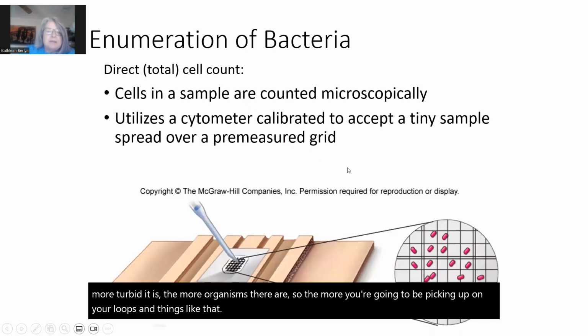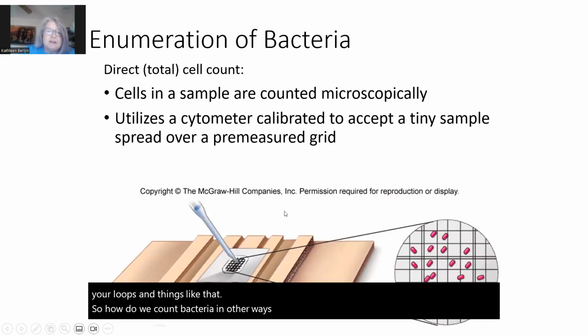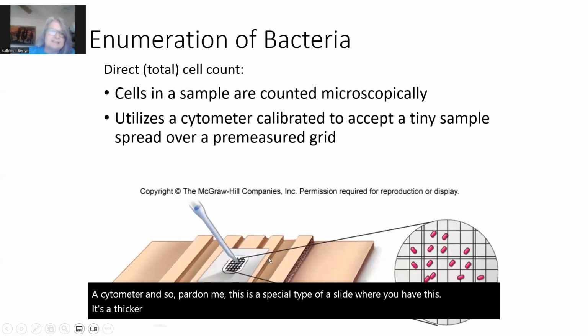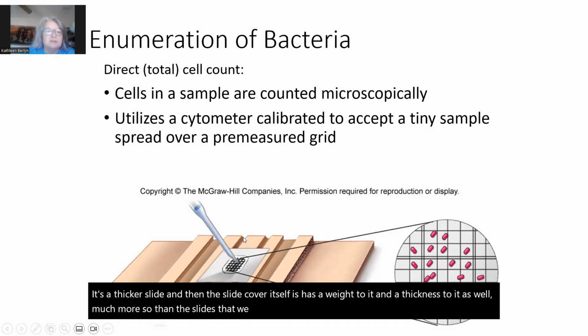So how do we count bacteria? Another way is we can use a cytometer. This is a special type of slide, a thicker slide, and the slide cover itself has a weight to it and a thickness to it as well, much more so than the slides that we use in our normal day-to-day class.